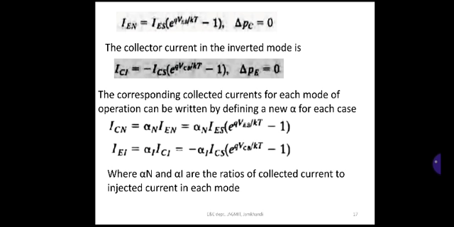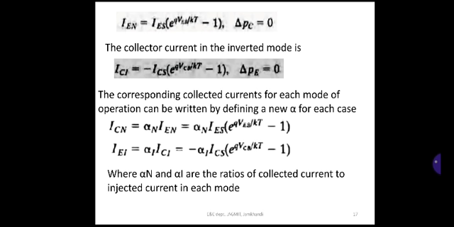So it is possible to relate the four components of the current by factors for the symmetric transistor by considering reverse saturation current. For example, the emitter current in the normal mode can be written as, as you can see in the slide, IEN is equal to IES into e to the power QVEB by KT minus 1, where delta PC equal to 0, where IES is the magnitude of the emitter saturation current in the normal mode.